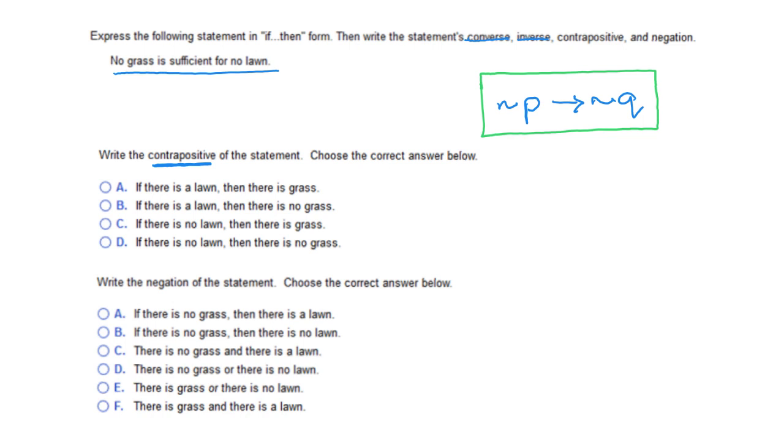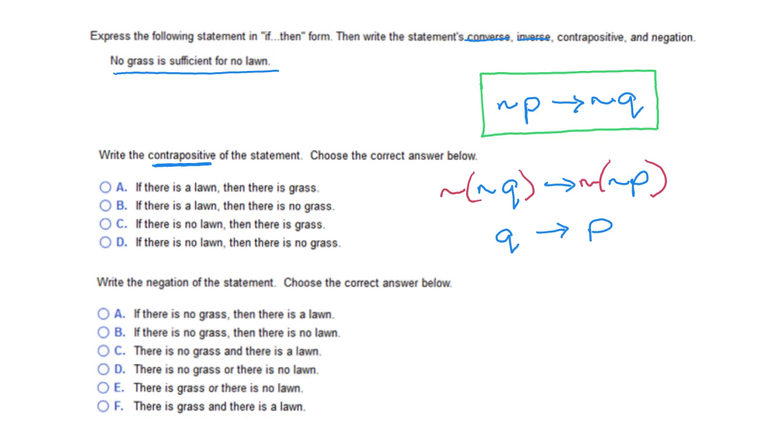So that would be not Q, then not P. Take the negation of both sides and do another rewrite. This will become Q, then P. If Q, then P would be the statement representing the contrapositive.